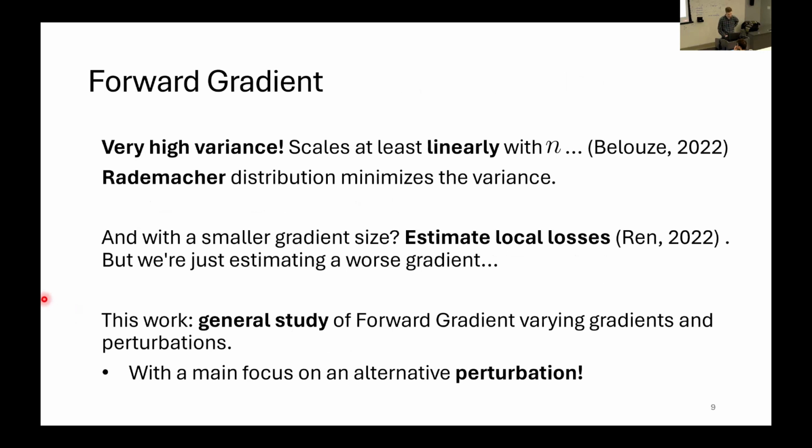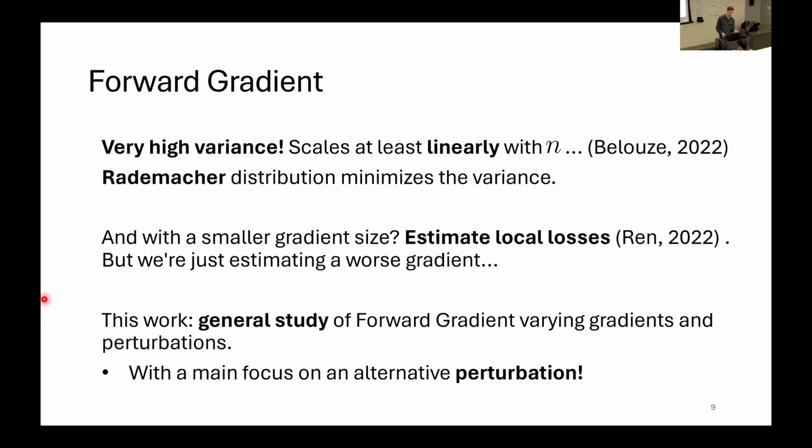And of course, the issue with this is a ridiculously high variance, since it scales at least linearly with the number of parameters of your input. I think you can get the best variance using a specific distribution, but you're still stuck. Okay, if we can't really have a better perturbation, maybe we can have a better function to estimate.